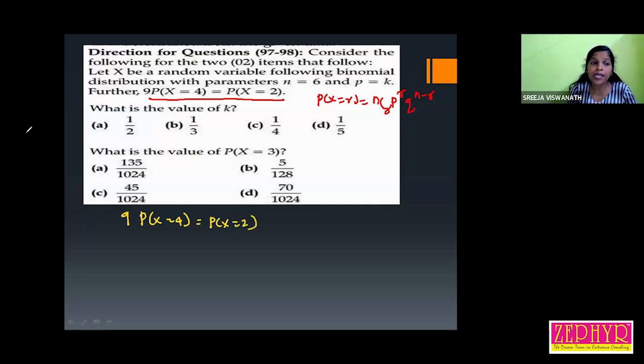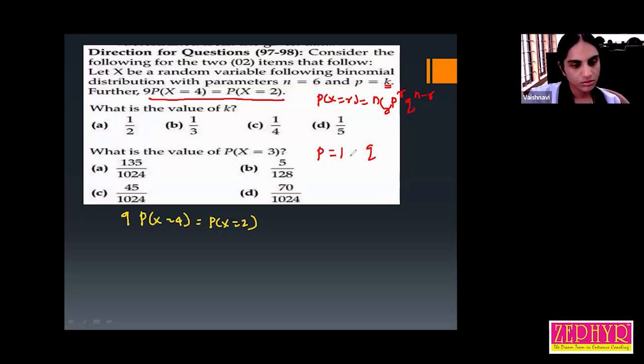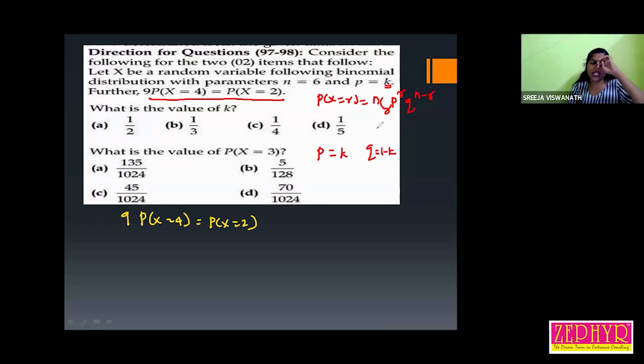And here what is p? K. Then what is q? 1 minus k, since we know that p plus q is equal to 1. Now you can substitute the values. 9 into P of x equal to 4.